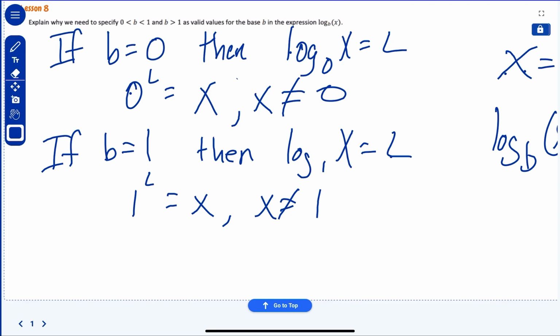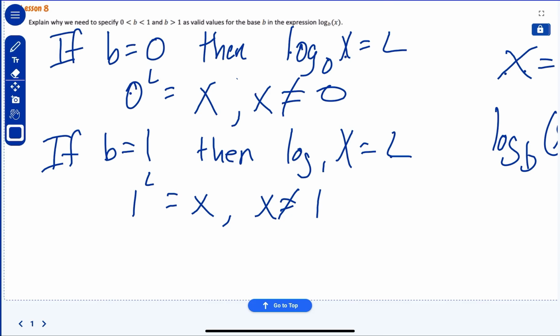We're not going to have x equal 0 in this case. If you have a log base 0, you're not going to have x equal 0. Can't do that.